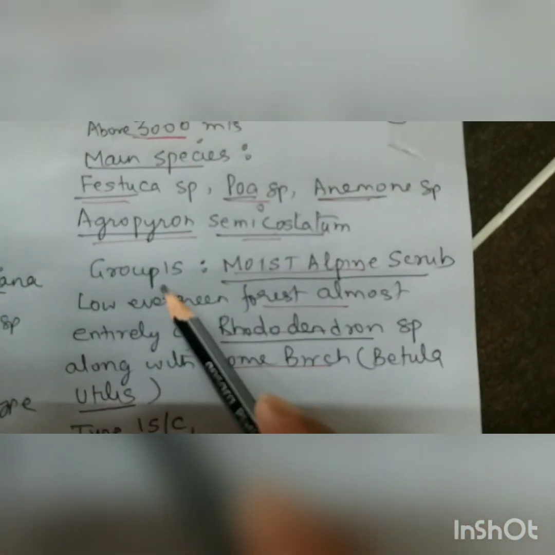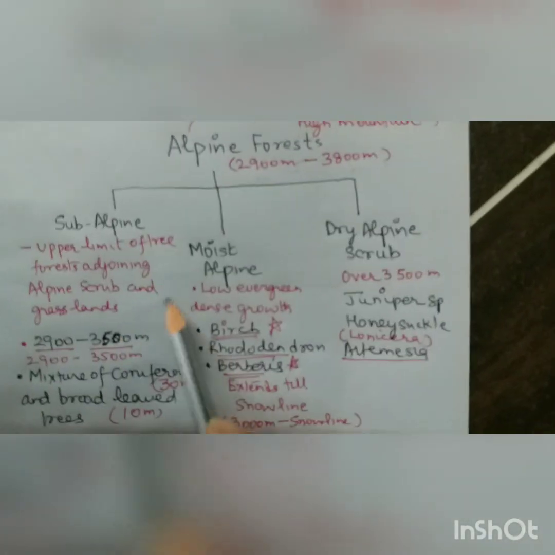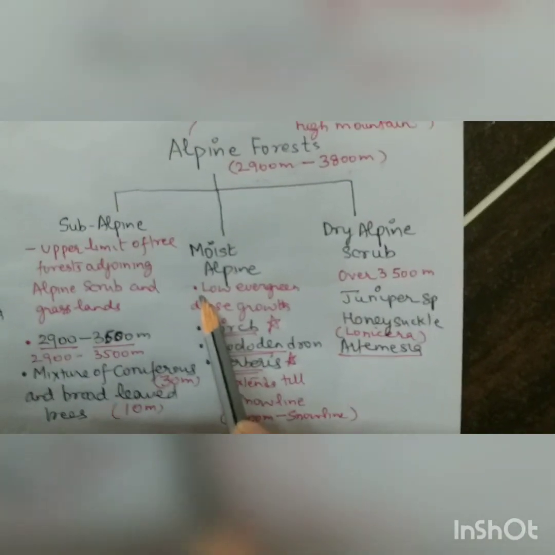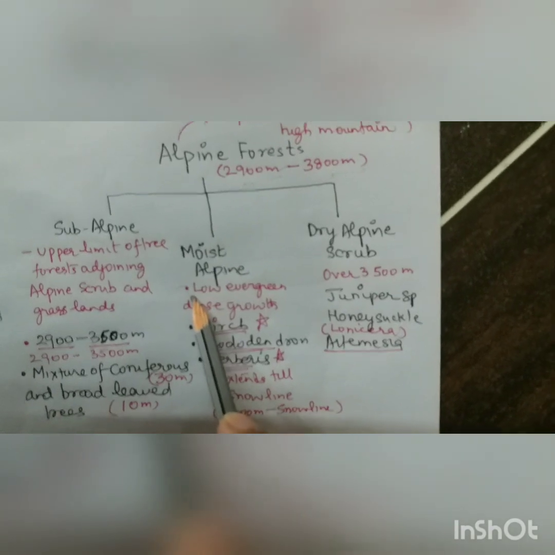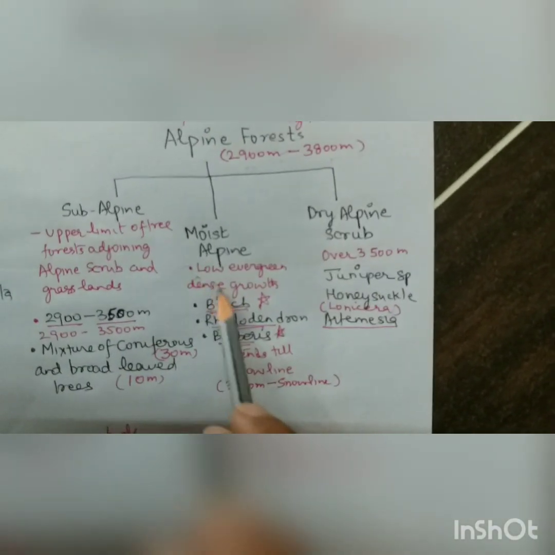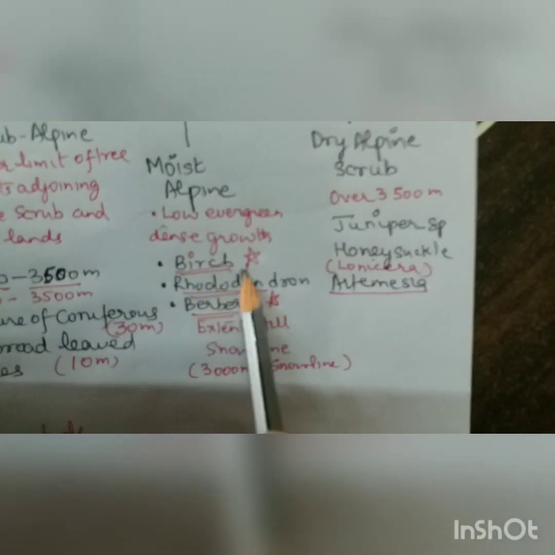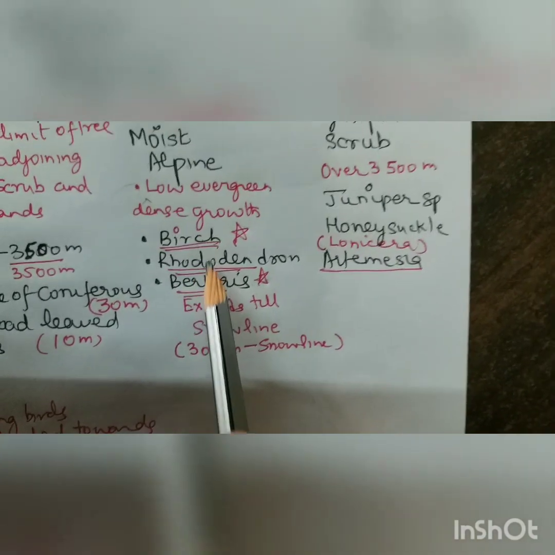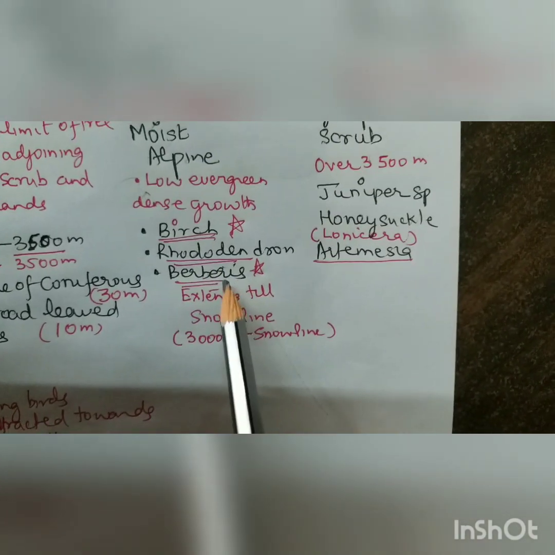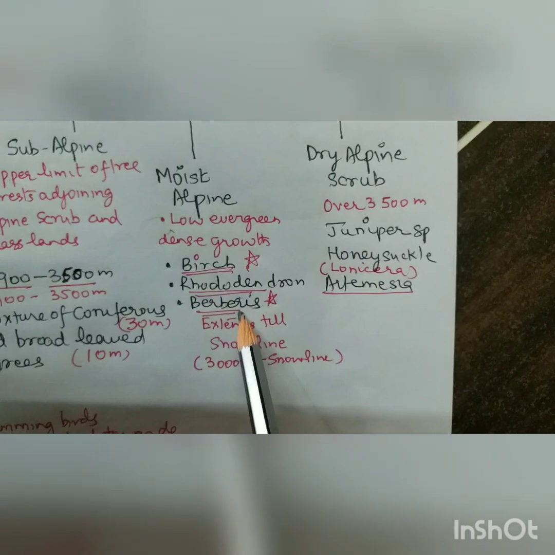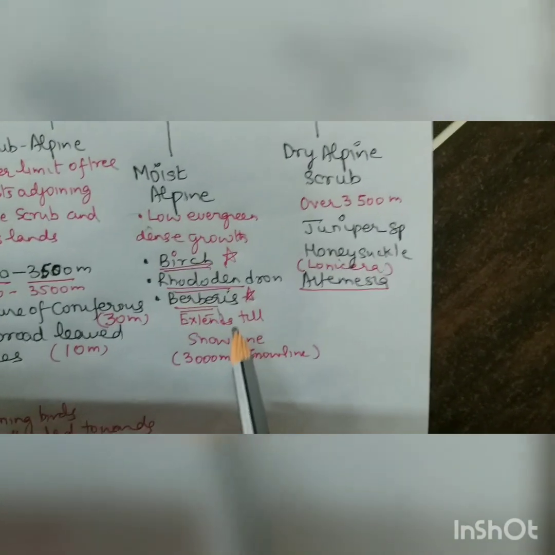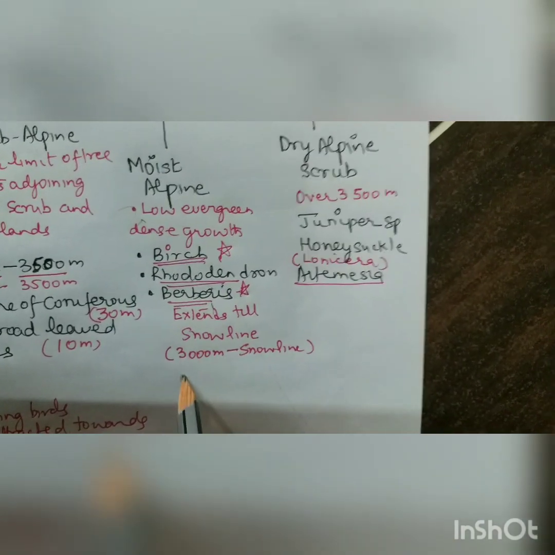Okay? Then next is, as I told you, I have done this one. Now I am coming to this moist alpine, right? These are lower evergreen, dense growth, and it consists of particularly birch, rhododendrons, barberries, right? So it extends till the snow line, which I told you, this one.